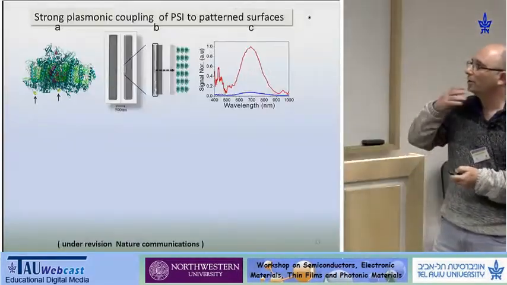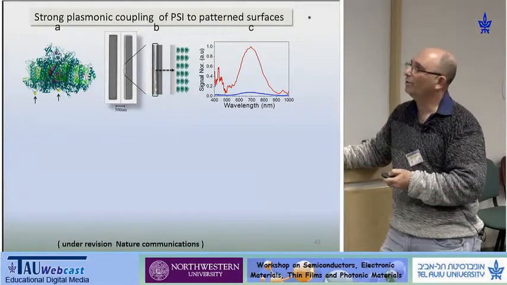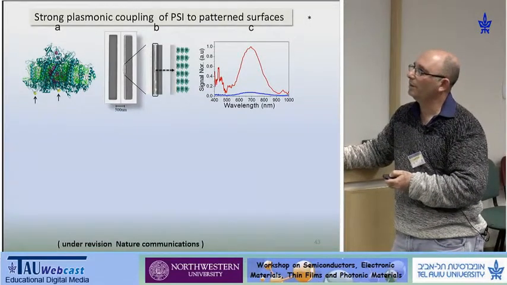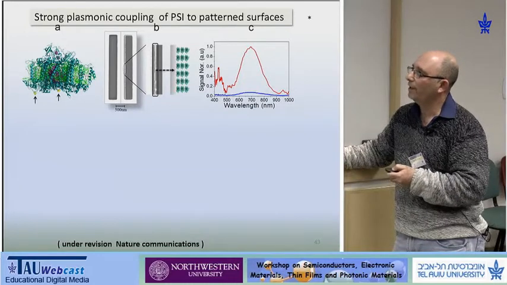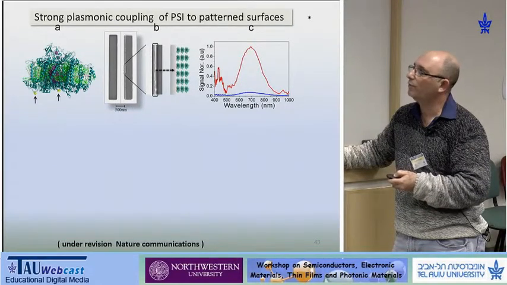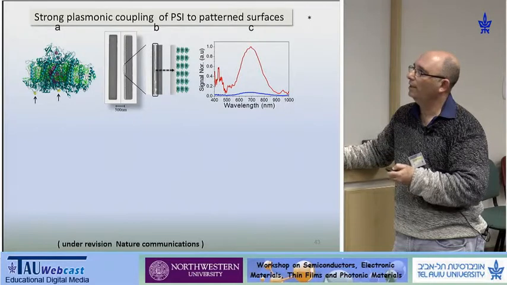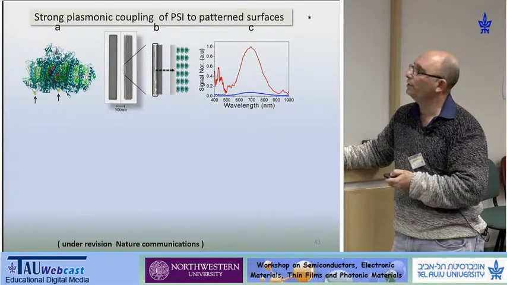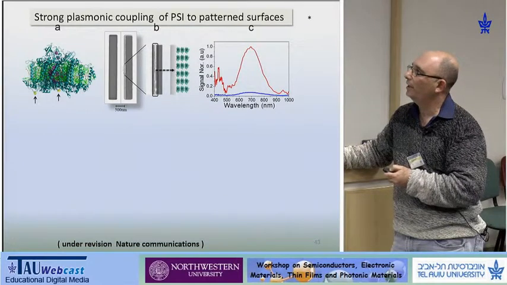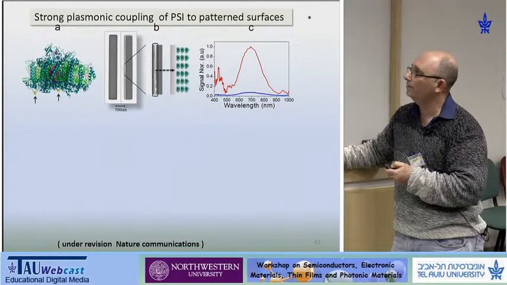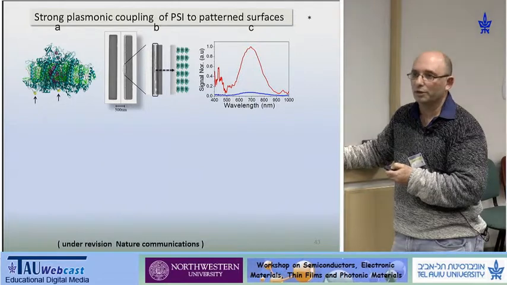And last but not least, before I conclude, these are some new results. These are just empty slits that we covered the walls of with 3 layers of photosystem 1, and we induced light transmission through these slits. The first observation is that we have a very nice amplification of the transmission.